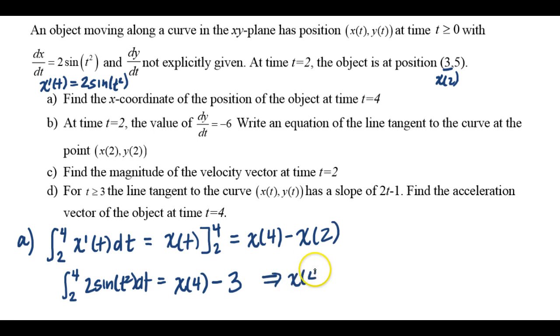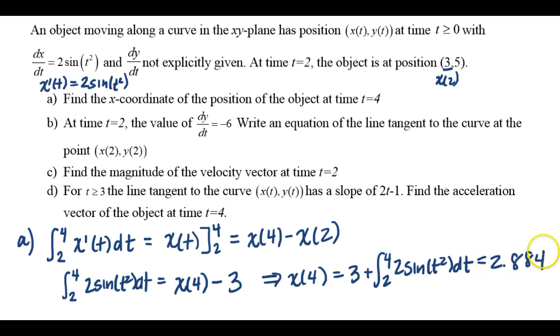So x of 4 is 3 plus the integral from 2 to 4 of 2 sine of t squared dt. And that evaluated is 2.884 if we truncate. So that is the x-coordinate of the position at time t equals 4.